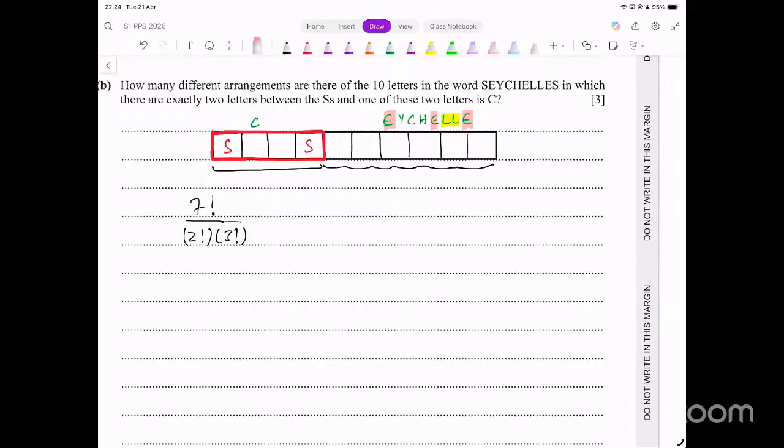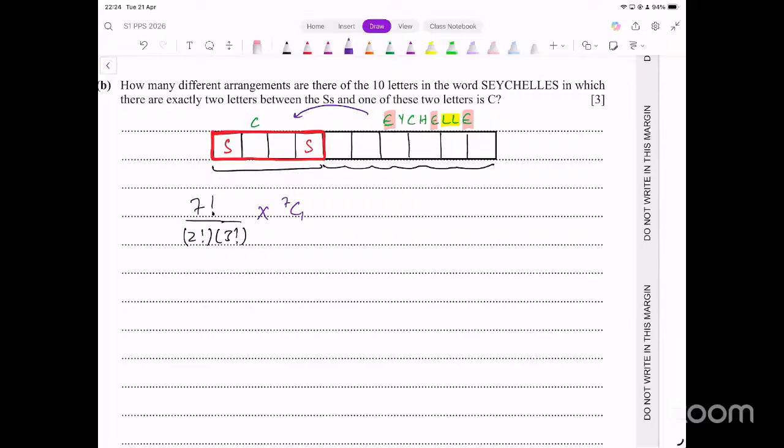If we do 7 here, we have already handled the repetitions of those repeated letters. So we've got C there already. From the remaining 7 letters, we need to select one. That will be 7C1, or you could say 7P1 as well. It's just 7.